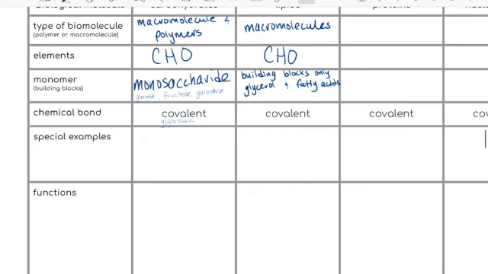Special examples of carbohydrates: you need to know the different types of simple sugars versus complex. Remember we talked about the different monosaccharides, which we've got up here. And then we've also got the disaccharides, which were sucrose, lactose, and maltose.